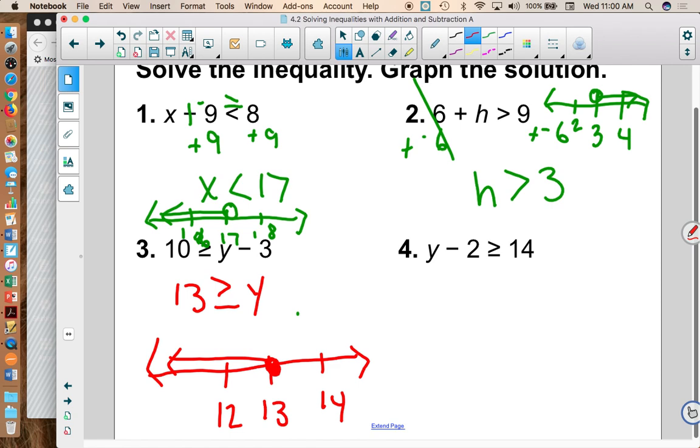Make sure that's a straight arrow, okay? You need 12 problems.